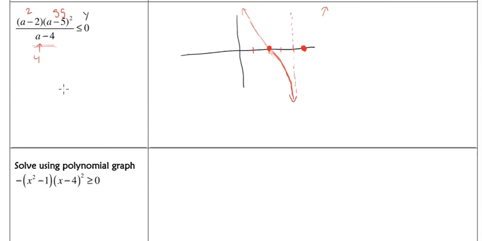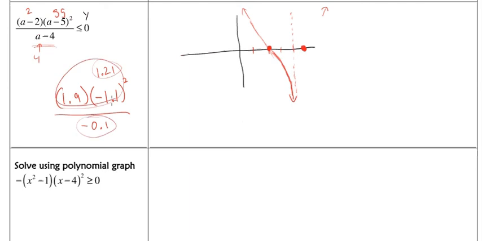If I plug in 3.9, I have 1.9 times 3.9 minus 5, that's going to be negative 1.1. That's going to be squared, though, so that's going to be positive 1.21 after we multiply it out. So a positive times essentially a positive, divided by, if I plug in 3.9 right here, negative 0.1. And so now positive on top divided by a negative on the bottom gives me a negative.